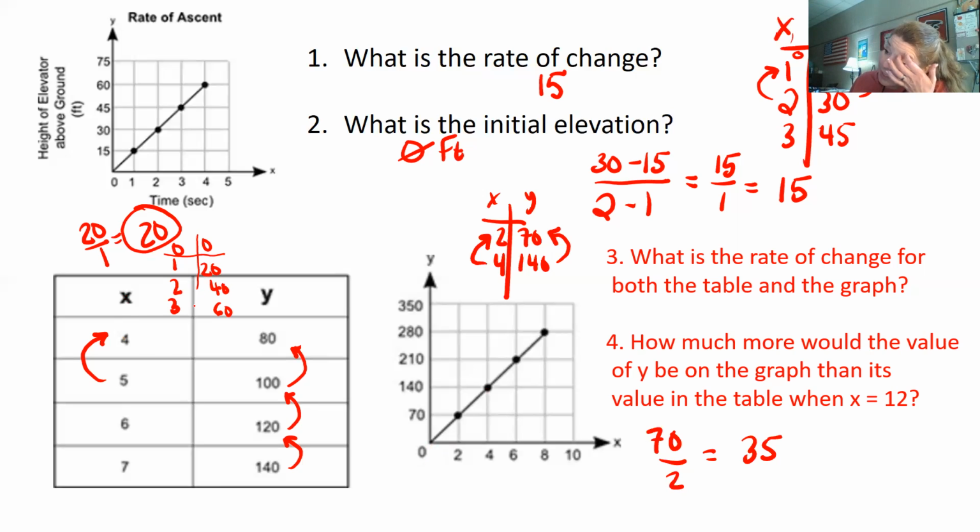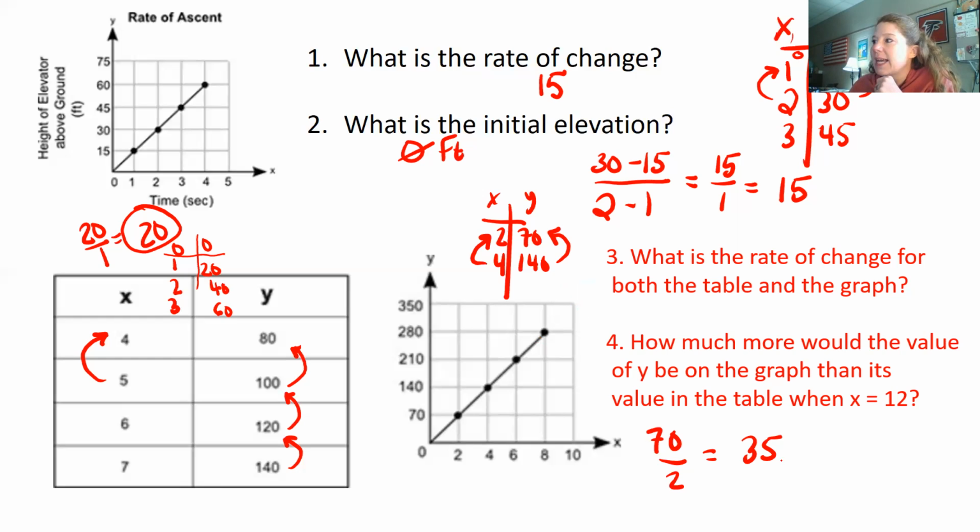So then the question is, since we know our slope and we know that the y-intercepts are 0, how much more would y be on the graph than on the table when x equals 12? Well, we know that these keep increasing by 35, 35. So when x is 10, y would be 350.